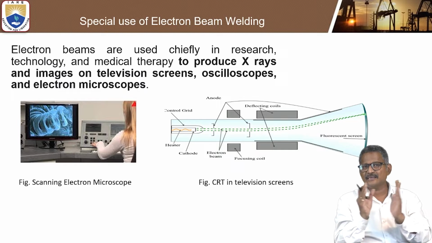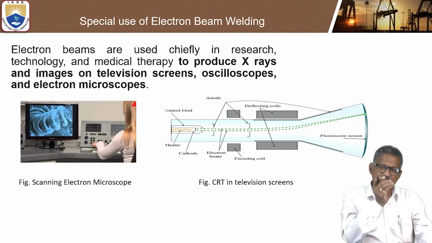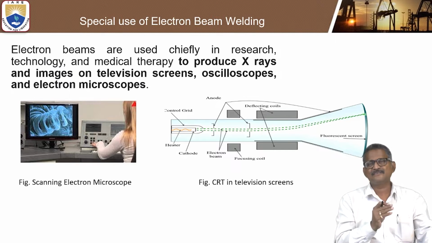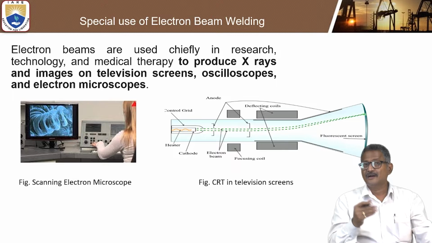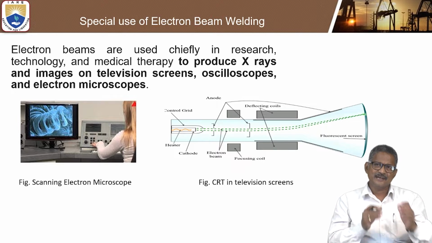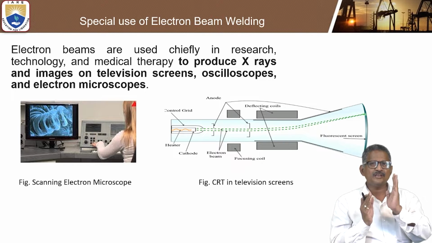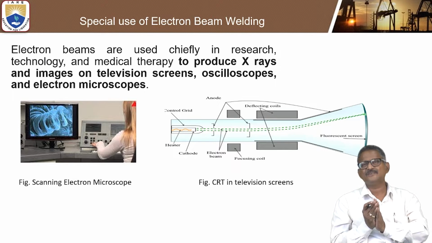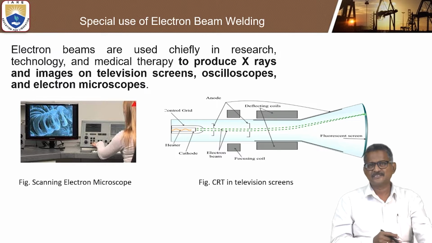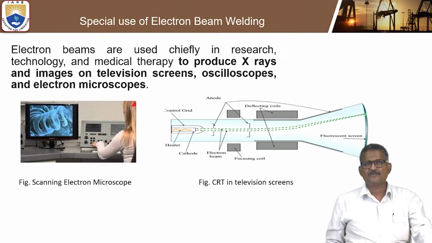If you take an SEM, the microstructure gives a clear indication of any breakage or crack. That can be done with the advanced technique of EBM or laser beam technology. That is why a very special use of EBM welding is mostly medical therapy, and also to produce X-rays and images of television screens, oscilloscopes and electron microscopes.